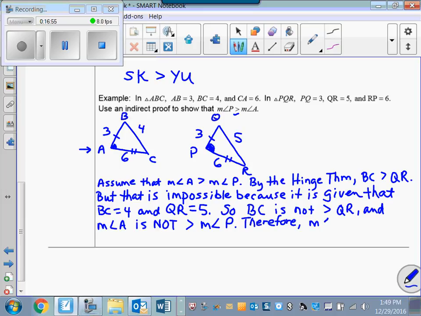Therefore, the measure of angle P has to be greater than the measure of angle A. It was really the Hinge theorem that allowed us to prove that. Okay?